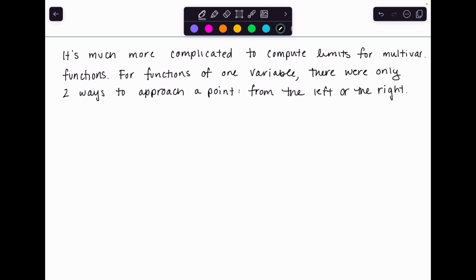In Calc 1, you had your x values, you let x approach a, and you could only come into that value from 2 directions.